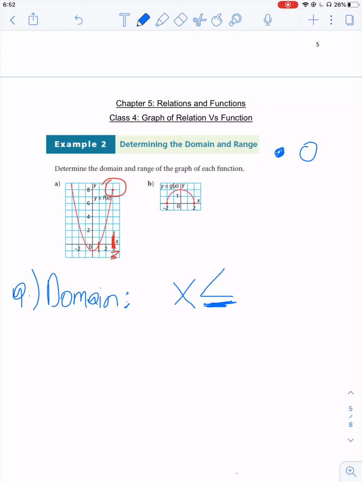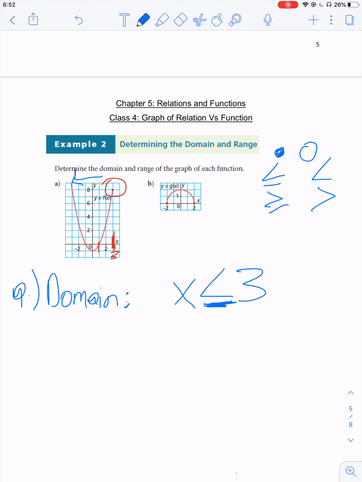Depending on the situation, it could be less than or equal to, or greater than or equal to. In my case, it's less than because all the x values that I have in this function are less than 3. So there is no minimum, but there is a maximum. So x has to be less than or equal to 3.